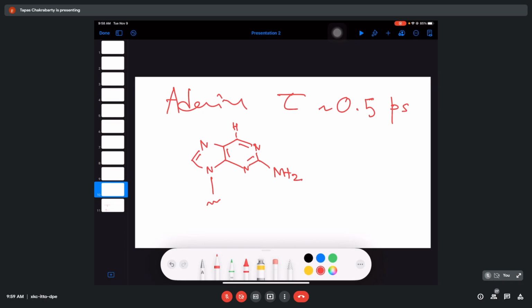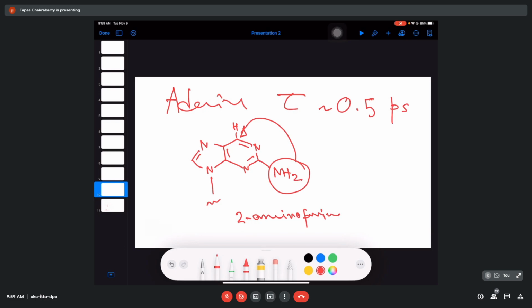So this molecule is your 2-amino purine molecule. Adenine means that you put the NH2 group here, instead of there. That is adenine. And this molecule is called 2-amino purine.